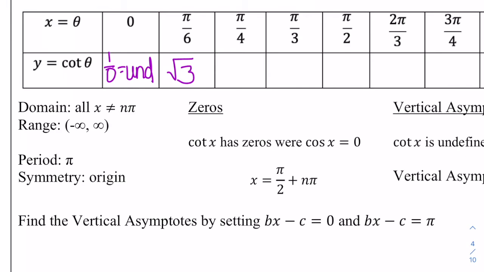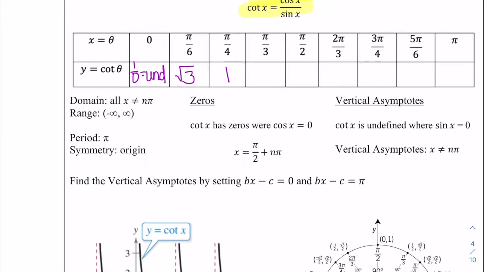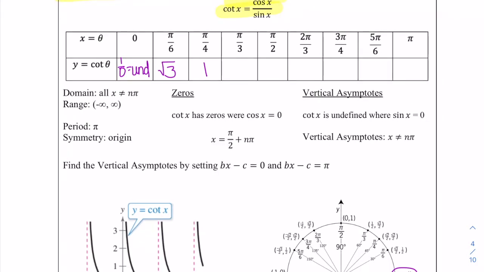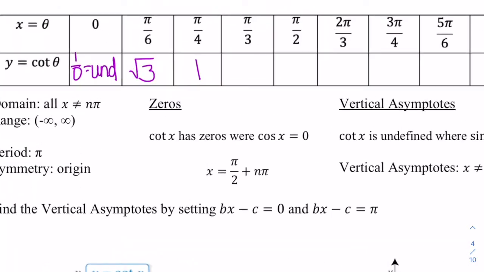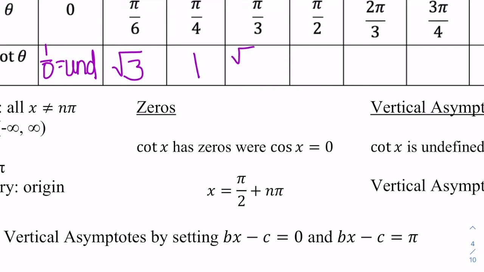At pi over 4, we'll have root 2 over 2 divided by root 2 over 2, so that'll be 1. At pi over 3, we'll have 1/2 divided by root 3 over 2, which can be simplified and rationalized into root 3 over 3. At pi over 2, the x is 0, the y is 1, so that's just 0.